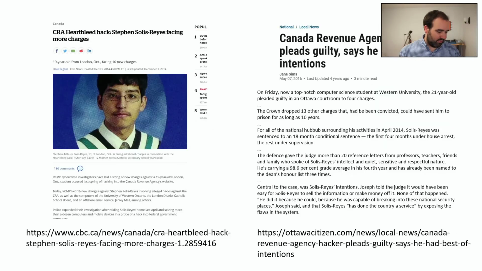This is the one caveat, and this isn't the first case at all. In Canada, there was another case recently. When the Heartbleed bug came out, so I guess this was 2014, a little while ago now, someone ran a test on the CRA website, and eventually he pled guilty.